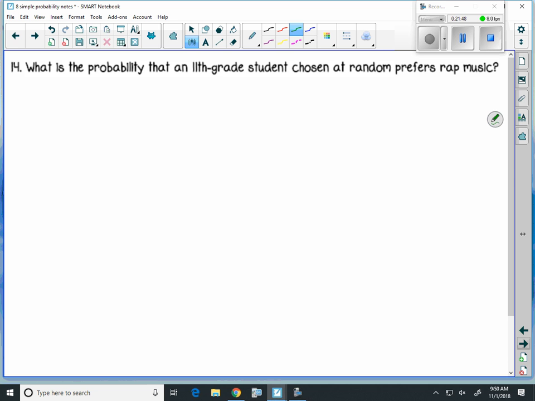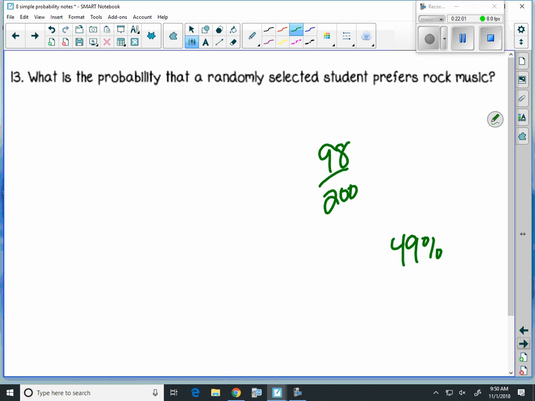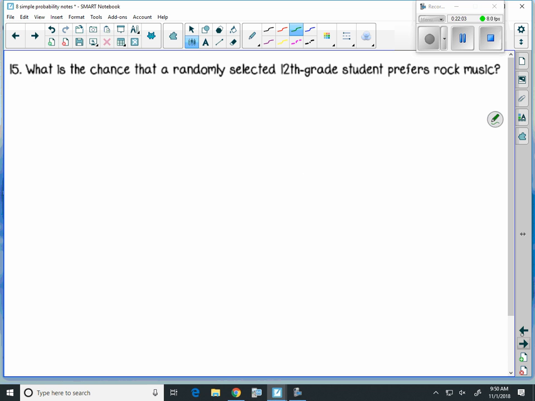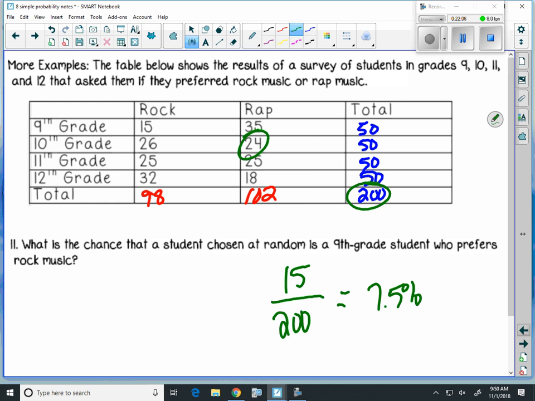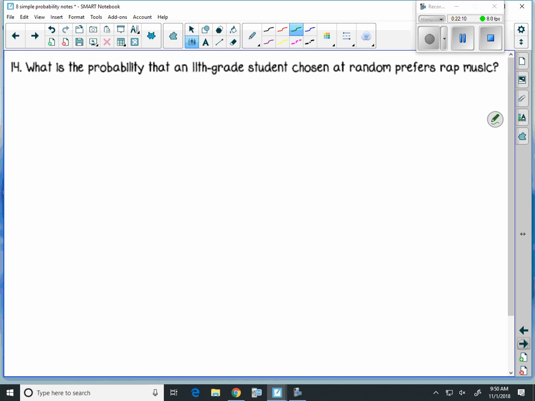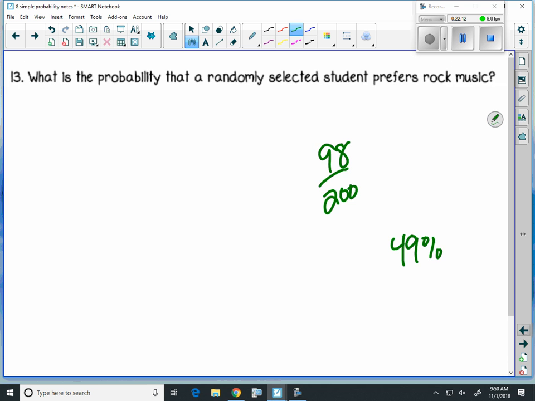All right, what is the probability that an 11th grade student chosen at random prefers rap music? All right, how many 11th graders like rap? 25. So 25 out of 200 is... What did I miss?